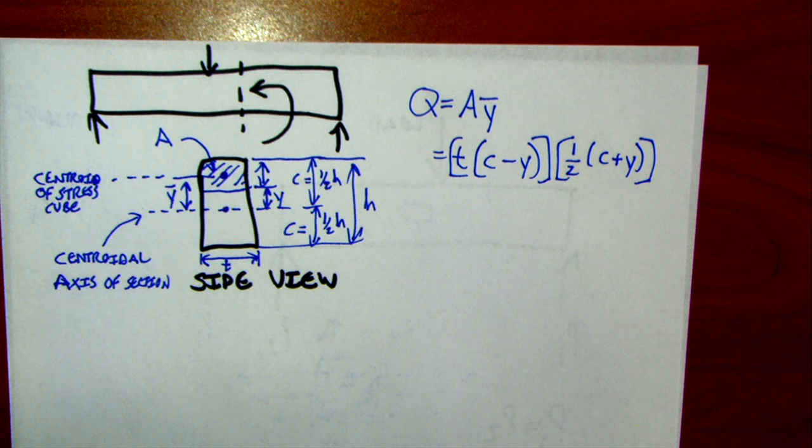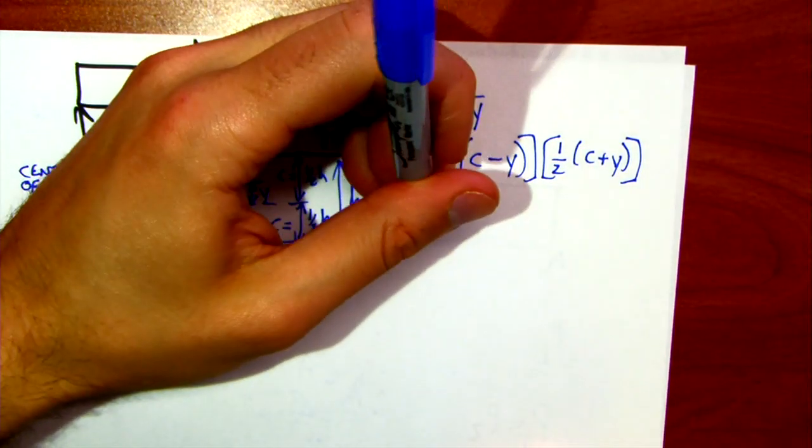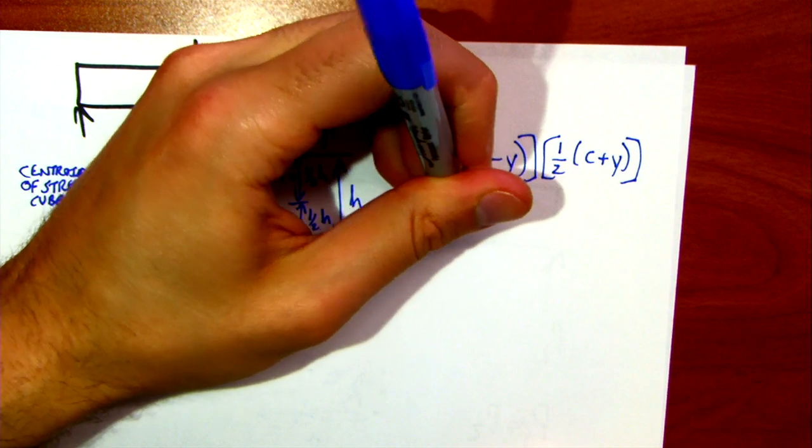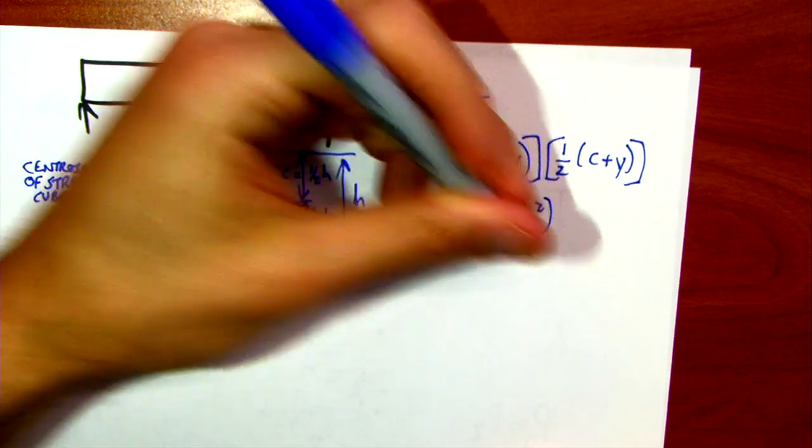So we're only interested in changes along the y direction, the same direction the bending stress is changing. So we can drive all of this into y, that'll help us. If we work out the math for it, it ends up being t over 2 times c squared minus y squared.